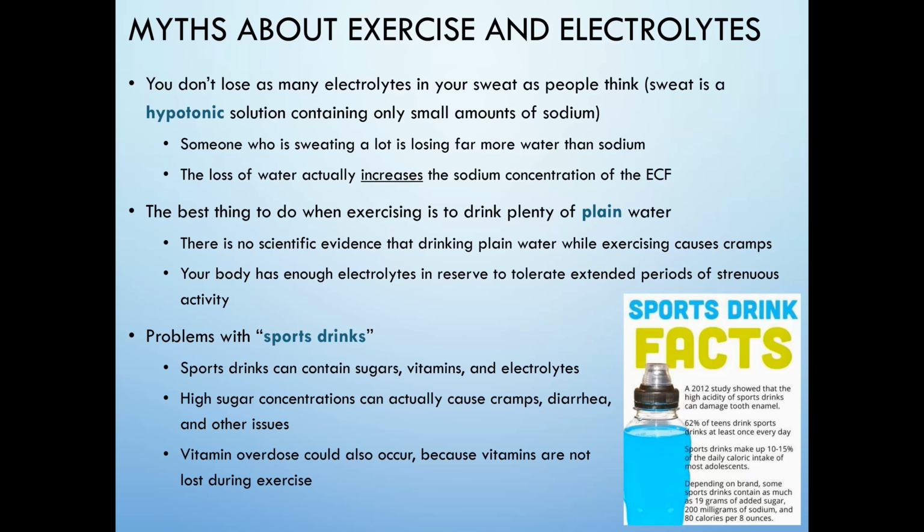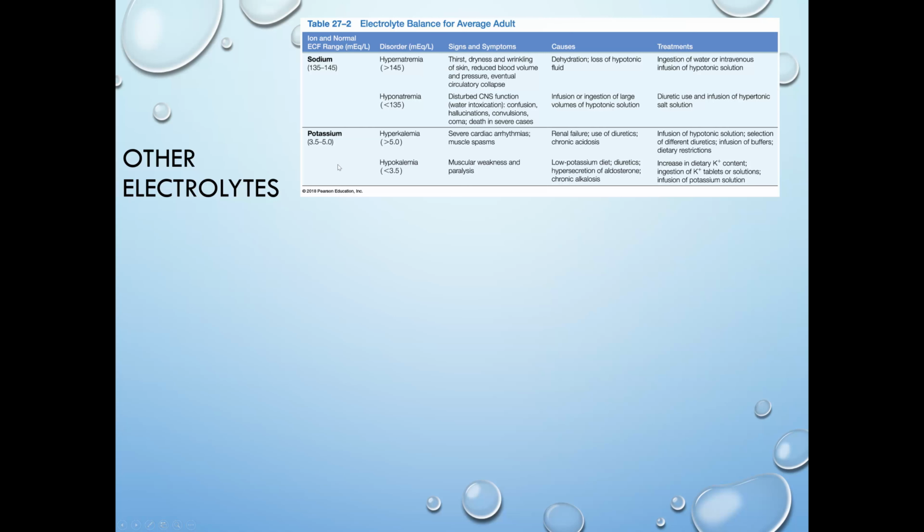So we focused on sodium and potassium, which are shown here. This is the chart from your textbook. Again, we talked about hypernatremia, hyponatremia, and then hyperkalemia and hypokalemia. Your textbook also goes into a little bit more detail with the other electrolytes like calcium and magnesium.